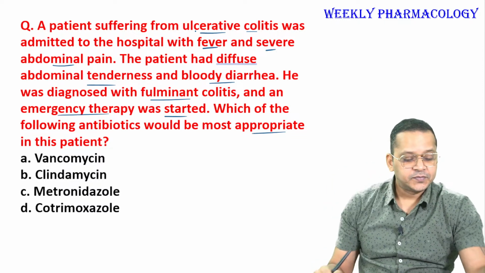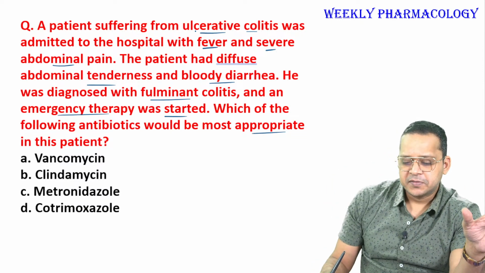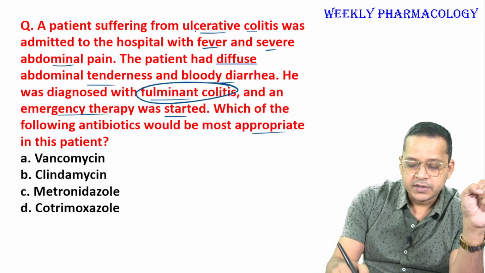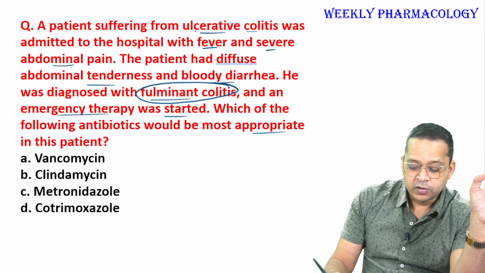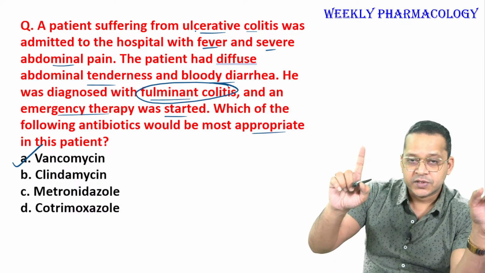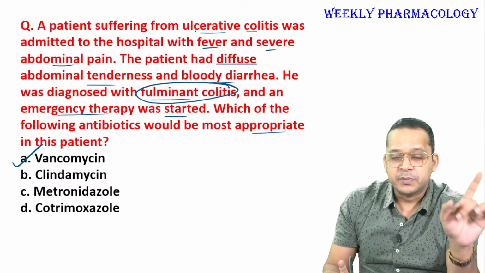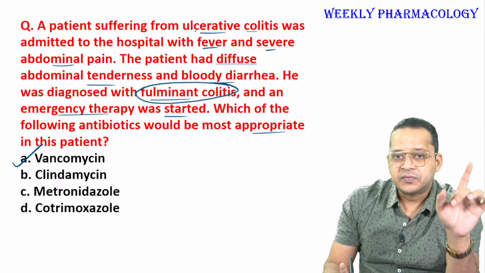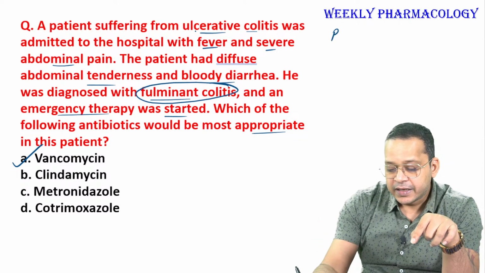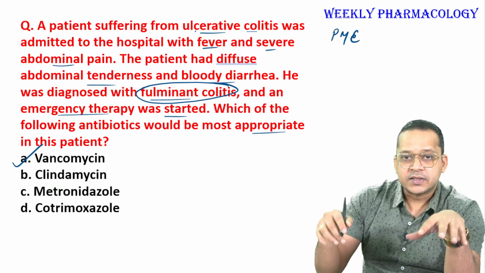All right. So as I can see, many of you guys have latched onto the words fulminant colitis and have gone for the answer A, vancomycin, which is obviously the drug of choice in pseudomembranous enterocolitis if it is a fulminant one. But tell me, is it a case of pseudomembranous enterocolitis that we're discussing?